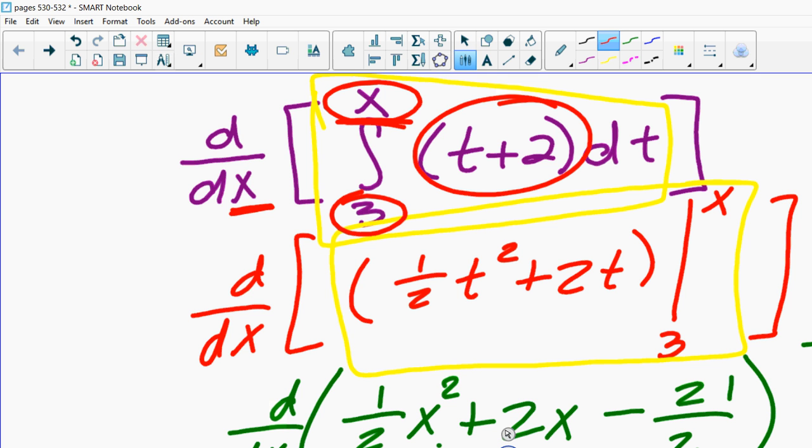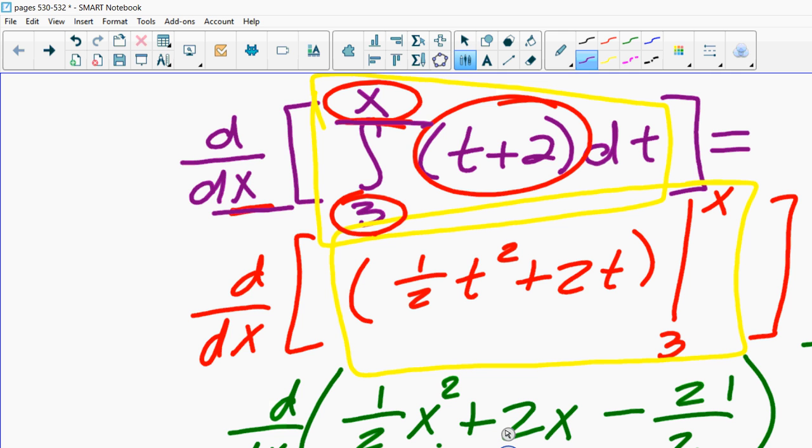So again, a derivative and an integral are inverses when you are integrating from a constant to some variable, and these variables match. Then you have inverses. From a constant to a variable. Oh, I see.